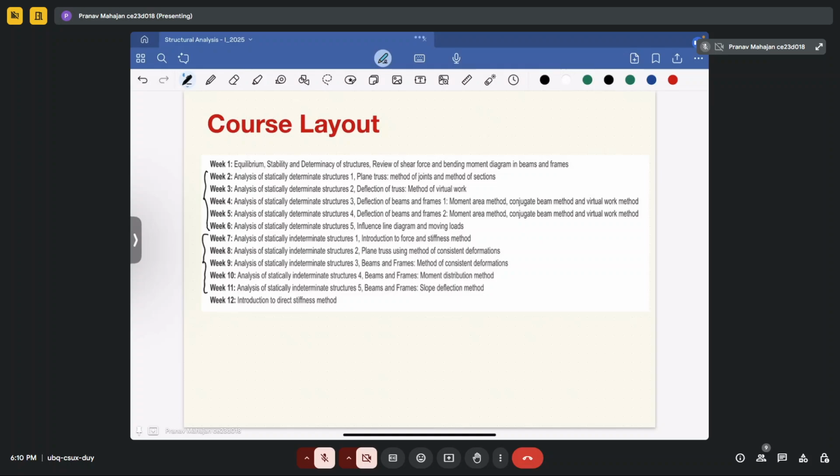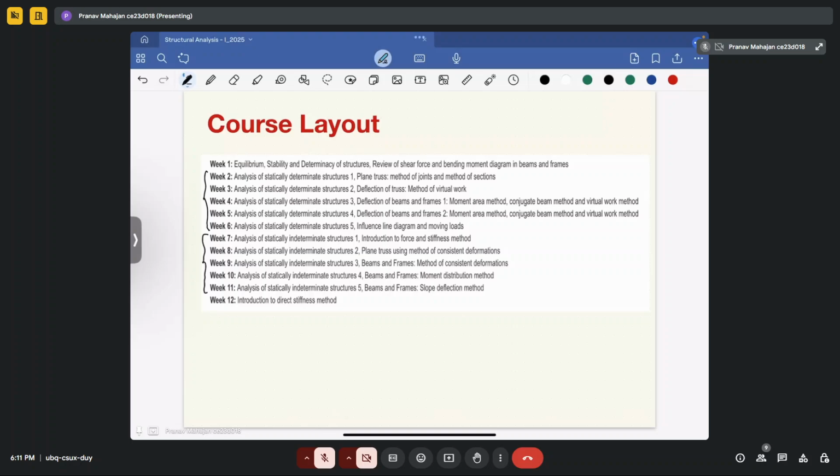How to solve them? You have different methods. For truss, you have method of joints and method of sections. Then if you need to find deflections, you can utilize the principle of virtual work. For deflection in beams and frames, you can use the moment area method, conjugate beam method, and virtual work method. Finally, giving you an overview about the moving load, you will be solving problems related to influence line diagram.